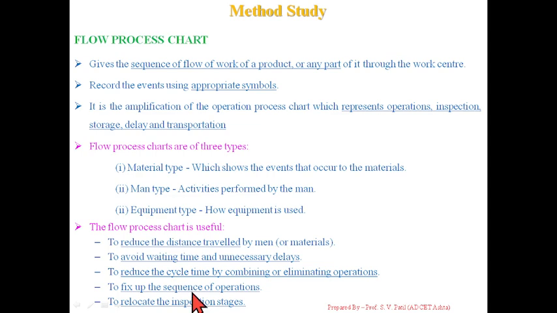Then it will be used to reduce the cycle time by combining or eliminating certain non-required operations. It is used to fix up the sequence of operations as well as for relocating the inspection stages. So as a summary, we can say that the flow process charts are basically used to reduce the idle time in a production process.